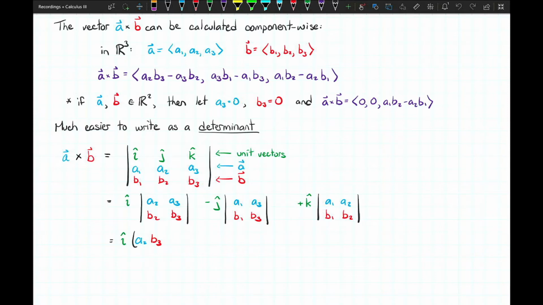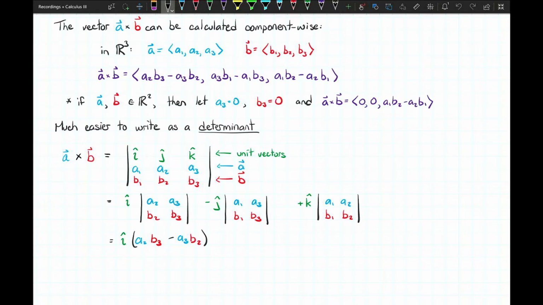Going to the first row, second entry, that is A3, but we have to remember the alternating sign rule. That gives us a second term that starts off with negative A3. We eliminate the first row, second column of this 2 by 2 matrix, and that gives us simply just B2. And that gives us the determinant of that 2 by 2 matrix. We don't have to continue doing more and more determinants at this point in time, since A2 B3 minus A3 B2 is simply just going to be a number.